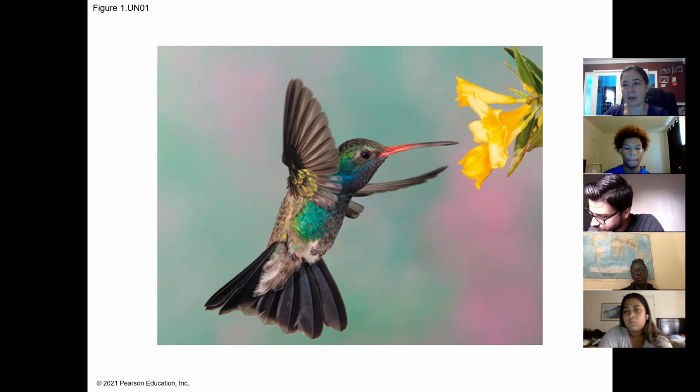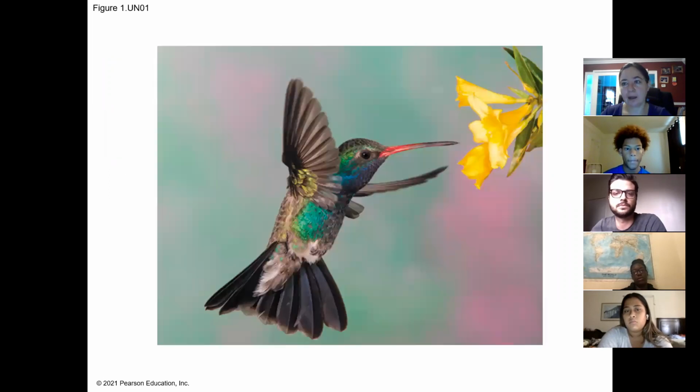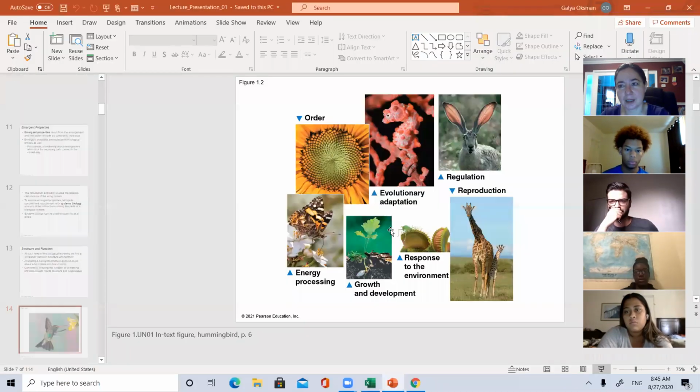They're constantly in motion, right? So what this slide shows you is that structure reflects function, right? Structures, functions, they evolved. And let me show you something else.